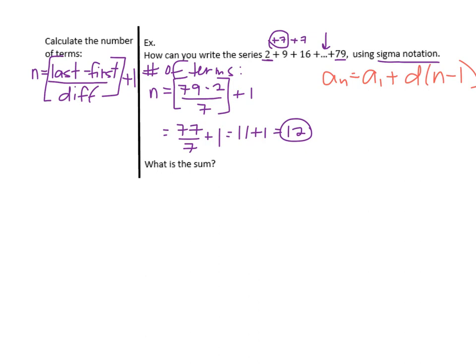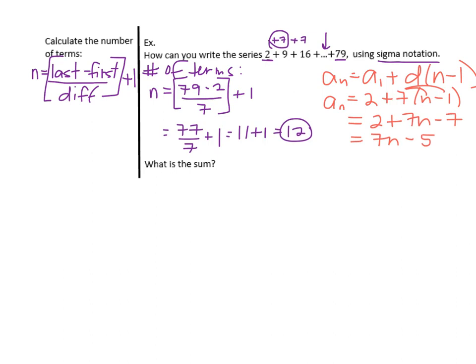If we know a sub 1, it looks like it's 2, and if we know d is 7, that's what we need. A sub n equals a sub 1, which is 2, plus d, which is 7, times n minus 1, and now let's simplify. Distribute the 7 in and combine like terms. 2 minus 7 would give us 7n minus 5.